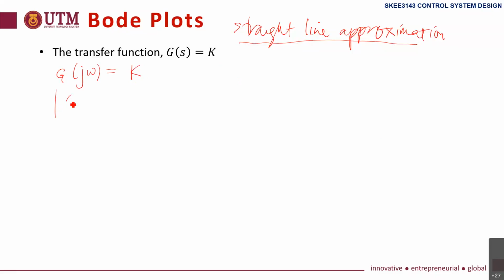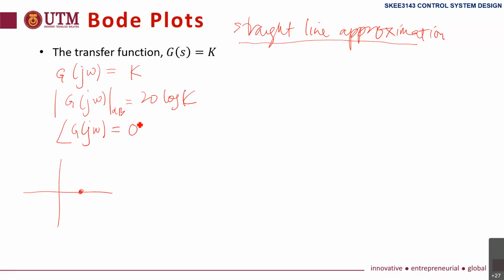The magnitude in dB is 20 log K. It's a constant, 20 log K. It depends on the value of K. And the phase angle: we know K is on the real axis, on the right, so the angle is 0.